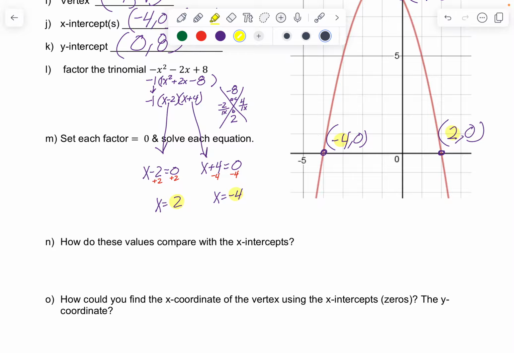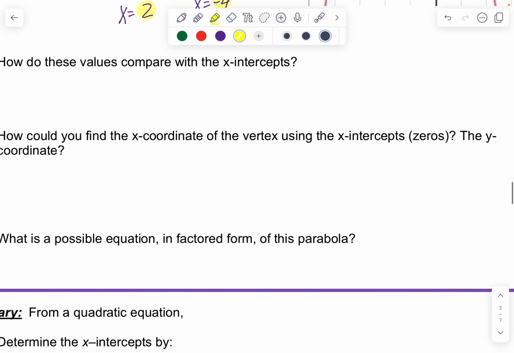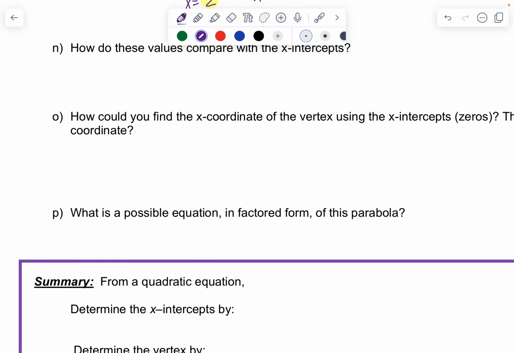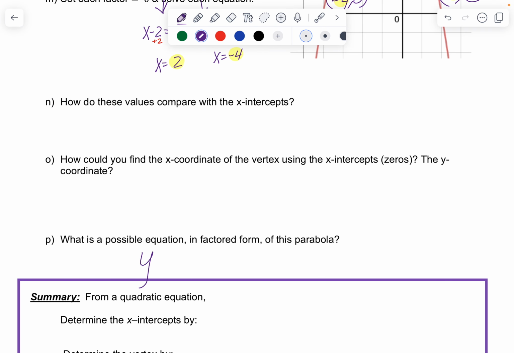So it is going to be the same every single time. If we go and put this into a possible equation, the form, we would just rewrite that whole thing down here at the bottom again. So we have y equals the negative, and then it was an x -2 and an x +4. That's a -1 out in front.